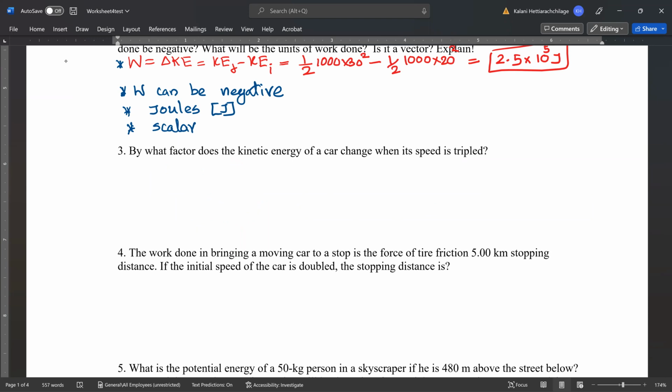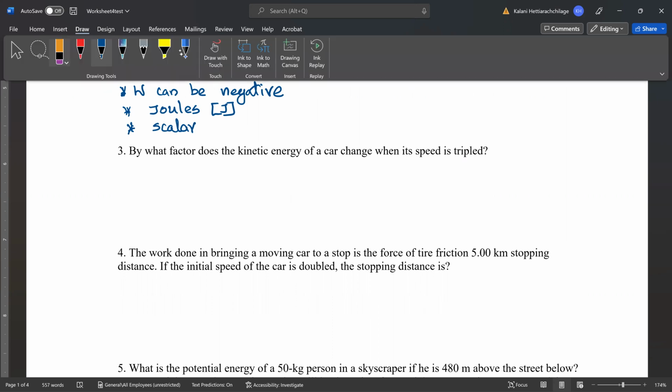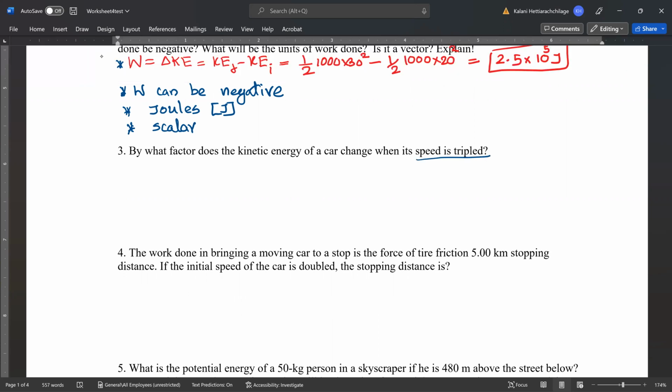By what factor does the kinetic energy of the car change when its speed is tripled? So now I said the speed tripled, but your question can have different numbers, maybe twice, maybe half, maybe 4 times, right? That you have to do yourself. So now let's do this question. We have kinetic energy equal to half mass velocity squared, right?